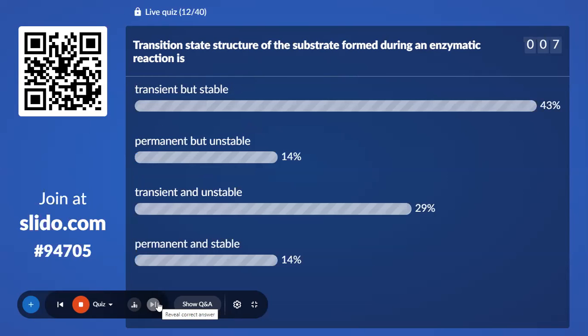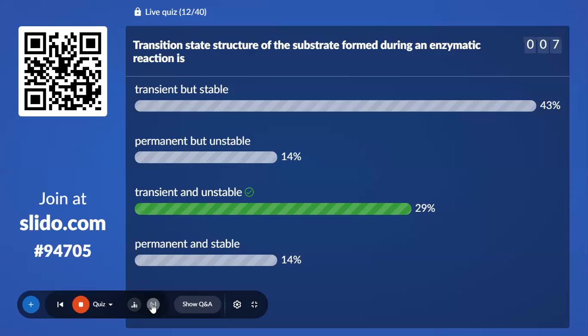43% with transient but stable, 29 with transient and unstable, 14 with permanent but unstable, and 14 with permanent and stable. So all the 4 options are being chosen by somebody, and the answer is given by only 29% of students.